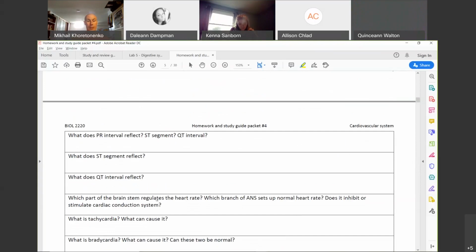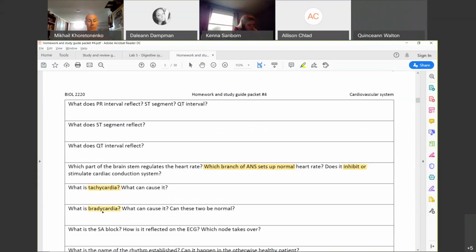So the medulla regulates the heart rate. Parasympathetic sets up the normal heart rate. It inhibits the cardiac conduction system. Tachycardia, rapid heart rate, can be caused by influx of calcium, epinephrine, blood loss.